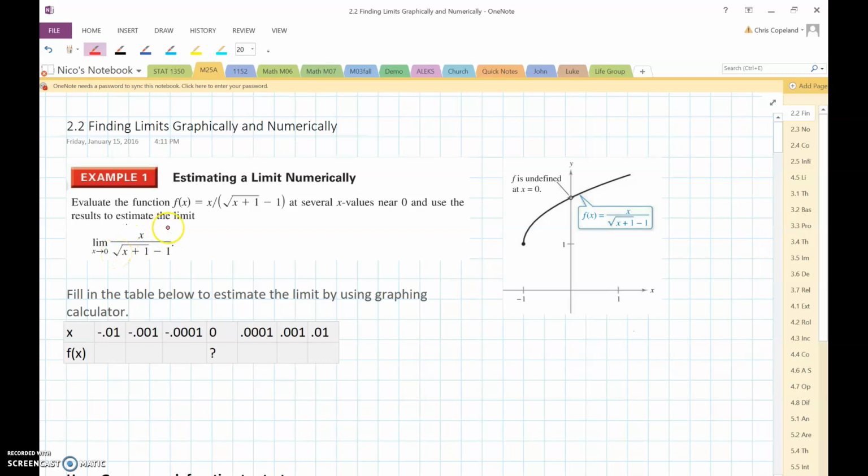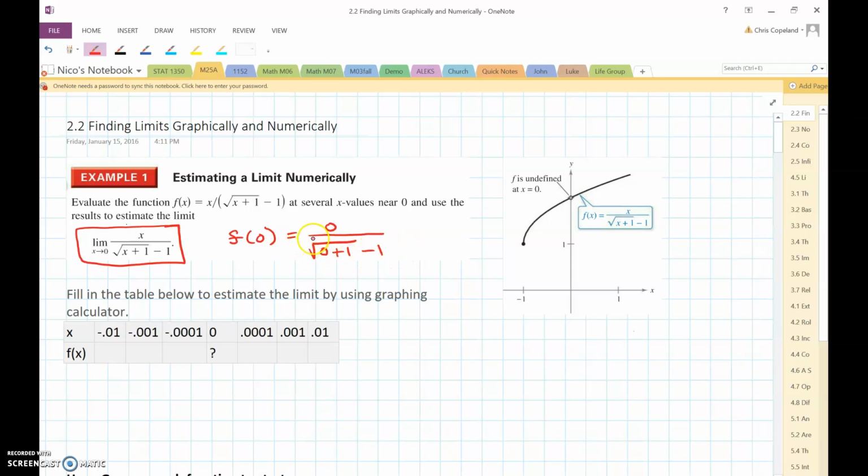If you've never taken a calculus class before, this probably looks not familiar to you. This says the limit of this function as x approaches 0. This is different than f of 0. f of 0 would be simply plugging 0 into this function and evaluating it.